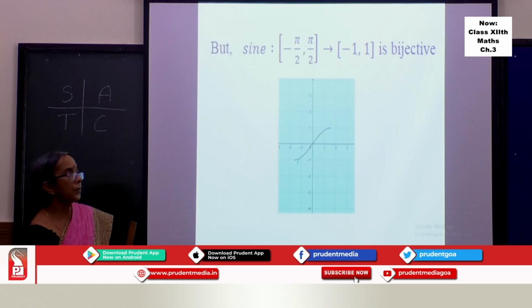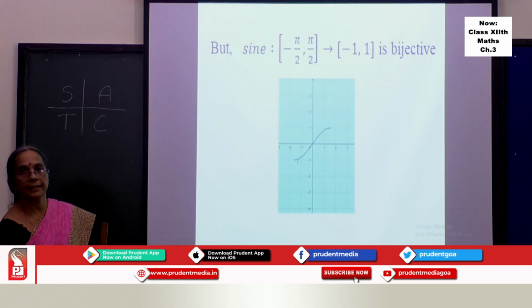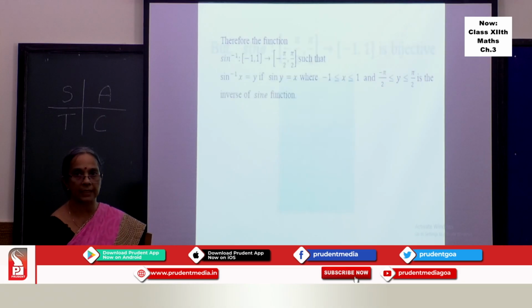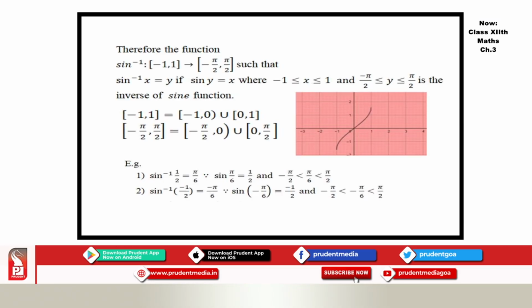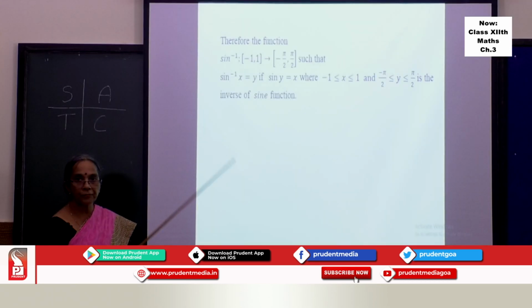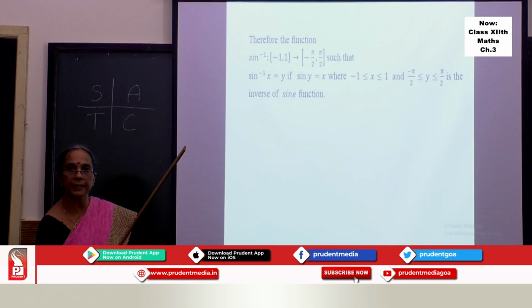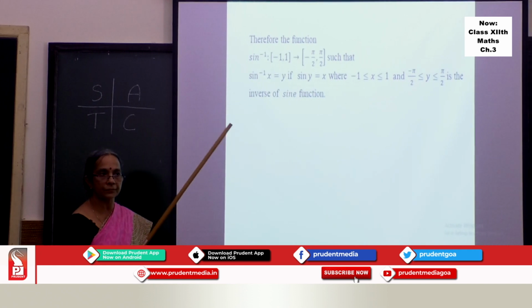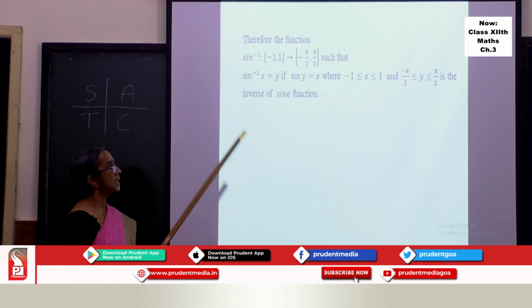Okay. Now, we can define the inverse of the sine function. Let us see the definition. If f is a function from a to b, f inverse is a function from b to a.